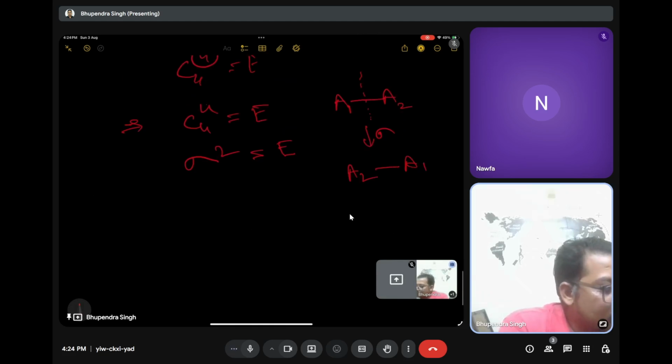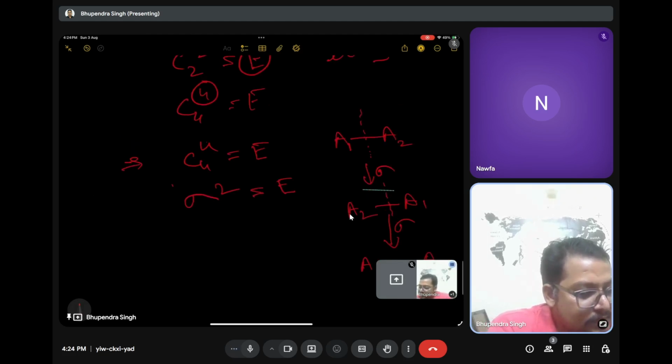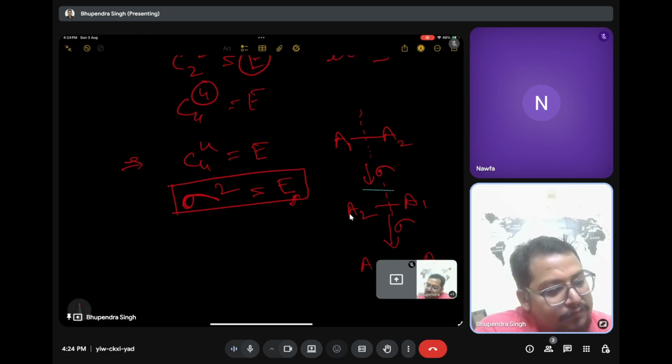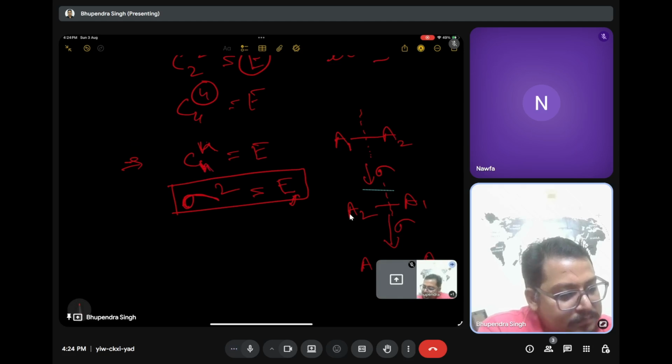Then again you apply this sigma, this plane of symmetry, and you will get A1 and A2. So this is fixed. For plane of symmetry, you always require 2 operations. And for axis of symmetry, the principal axis of rotation, this n tells you the number of operations you require to reach the equivalent structure.